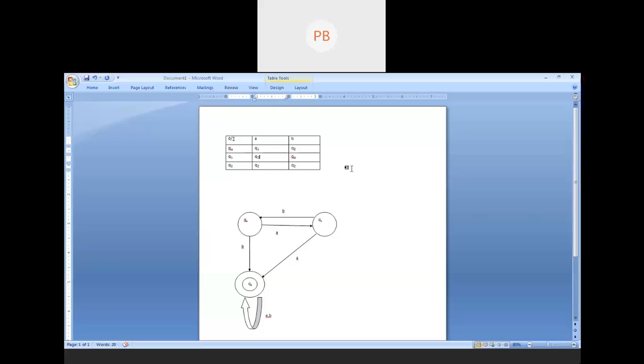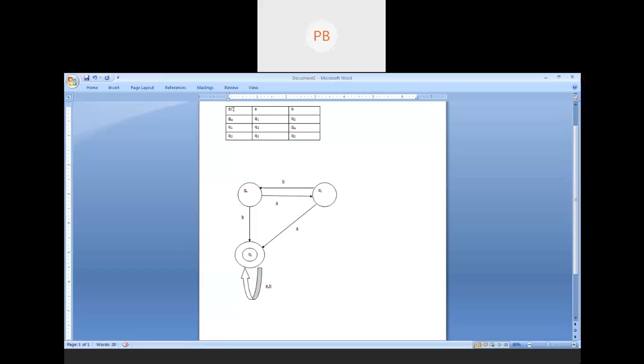The way in which we use the tabular form to represent the data is called transition table. The way in which we use symbols and graphics to represent the transition is called transition graph.